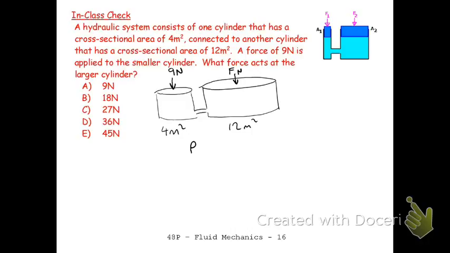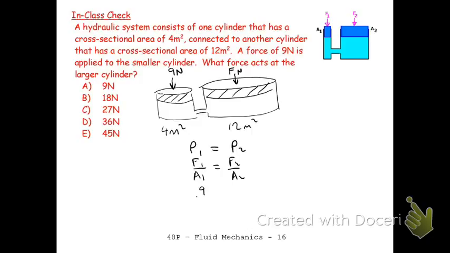So I'll say, well, Pascal's principle, P1 equals P2. And I should, I suppose, draw the piston in, but I tend not to bother with it. But, you know, you get the idea. There's my piston. So F1 over A1 equals F2 over A2.